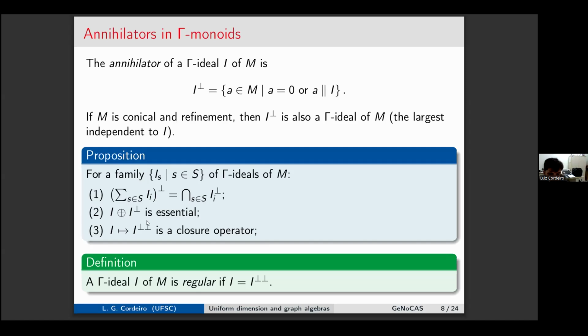And the second property states that the direct sum of the ideal and its annihilator is essential, so we do indeed have something that resembles a complement. And the double annihilator construction is a closure operator. And so we say that a gamma ideal I of M is regular if it coincides with its double annihilator. So we're basically translating the usual definitions from ring theory to our context.